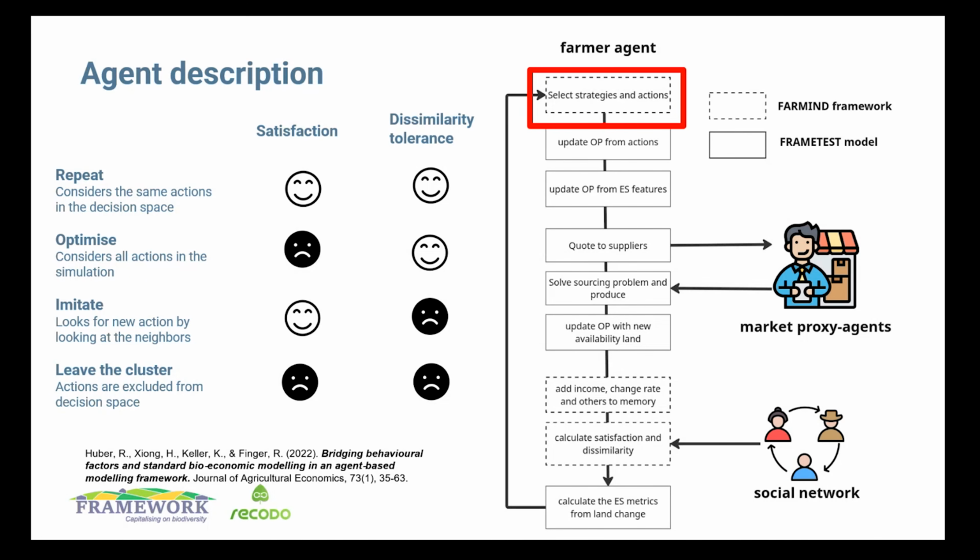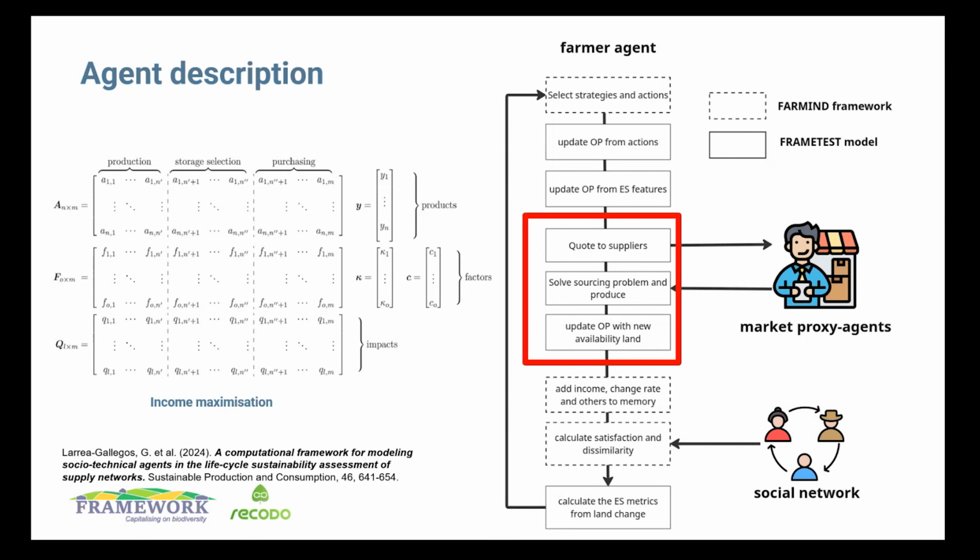Next one, please. Once the farmer decides the strategy and selects the actions that are included in the decision space, the farmer has to produce. And for this, we are relying on a framework called Africa, which is a mathematical optimization framework that we use to calculate the inputs and outputs in a production model.